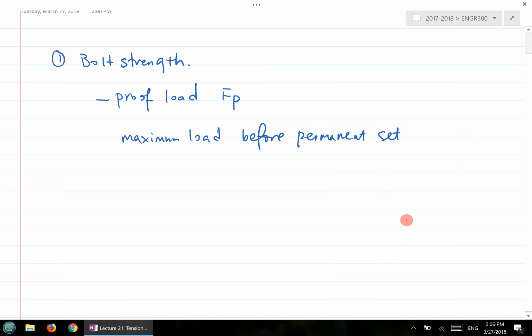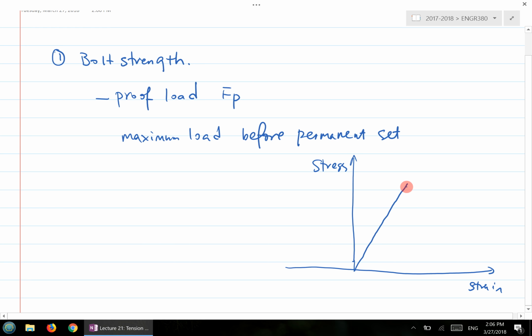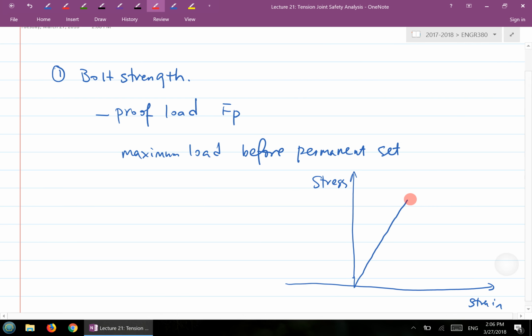I can illustrate this using the stress-strain curve. If this is the stress and this is the strain, the typical curve is initially a straight line. Then somewhere up the straight line starts to tilt and flatten.